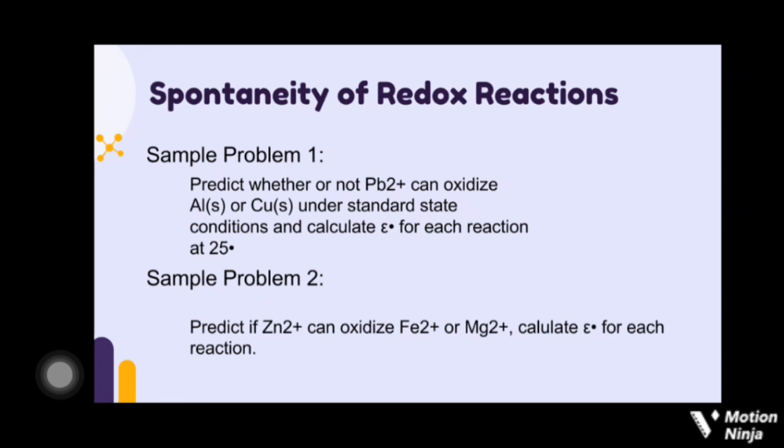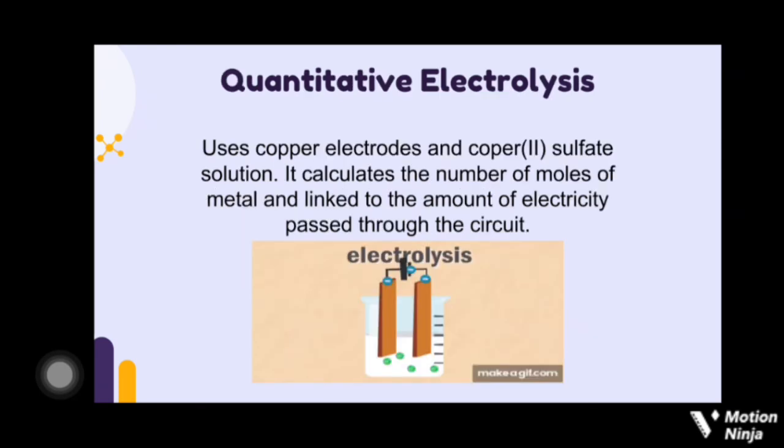So here are the problems. Sample problem number 1. Predict whether or not Pb2 plus can oxidize Al solid or Cu solid, or copper solid rather, under standard state conditions, and calculate the E naught for each reaction at 25 degrees.